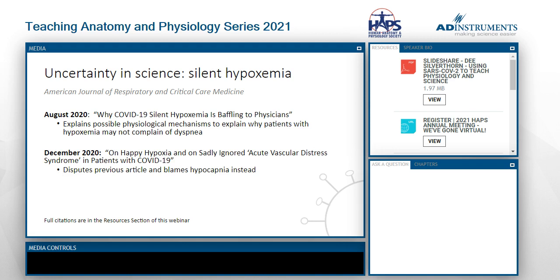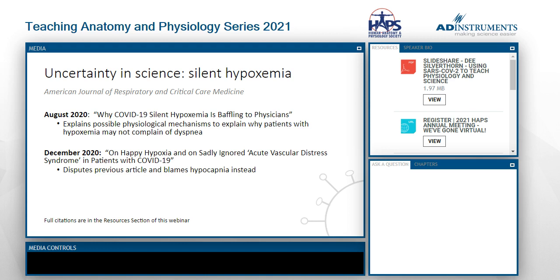Then in December, there was a letter to the editor that came out that actually disagreed with the first article and said, no, that's not it at all. This is really an issue of hypocapnia and a right to left intrapulmonary shunt from underventilated alveoli.